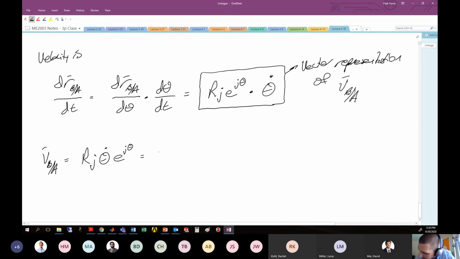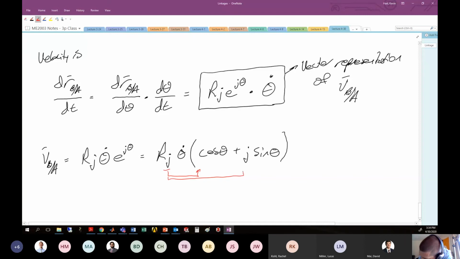So we have r j theta dot times my Eulerian representation, cosine theta plus j sine theta. I can distribute the j here and here.